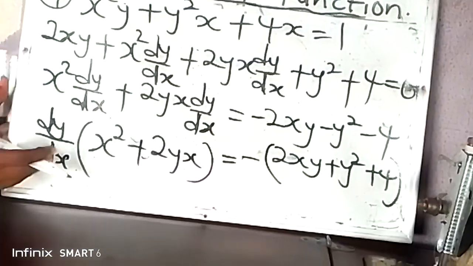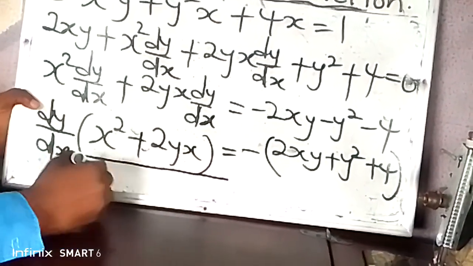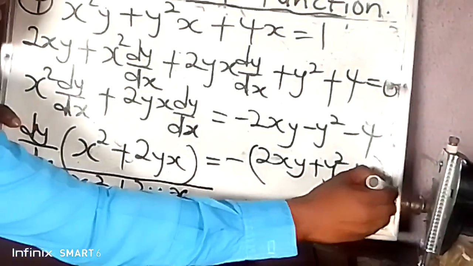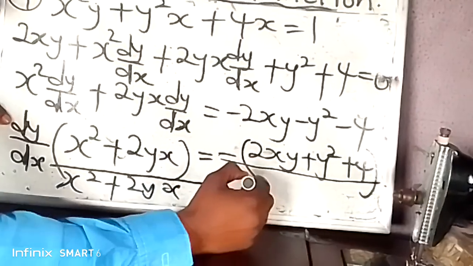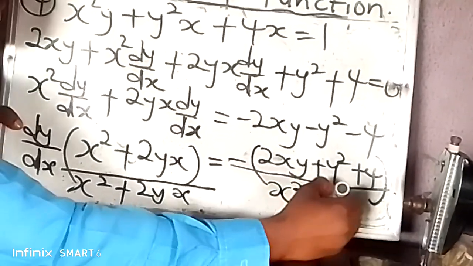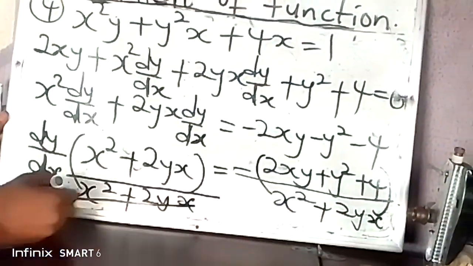So I'm going to divide both sides by this. And I'm looking for the dy/dx all over x squared plus 2yx, all over x squared plus 2yx. So this cancels this.